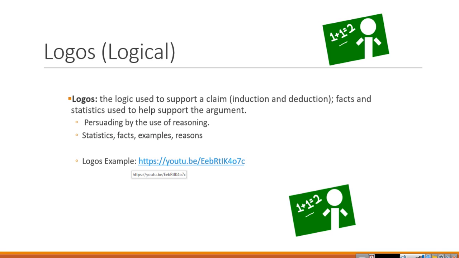Look, I know this, and the reason for that is because I have this example. So whenever I talk and I want to have an argument, I need to support my ideas with arguments. So logos is about that. Everything that you're gonna tell me has to be supported. And I also have an example about that. Let me open it.